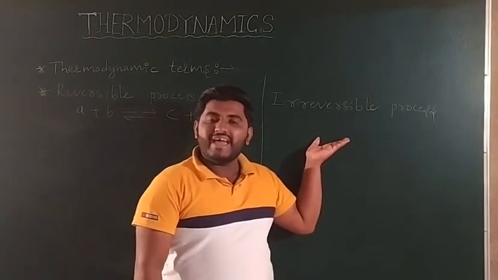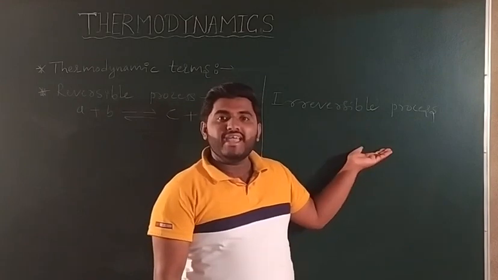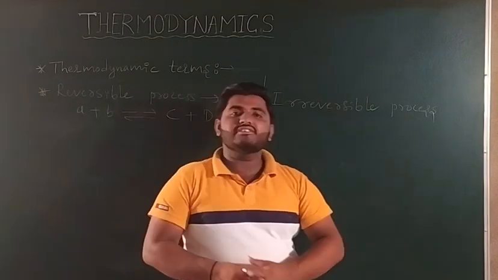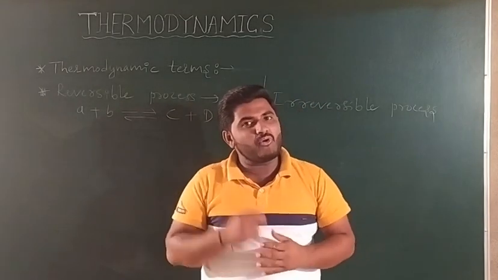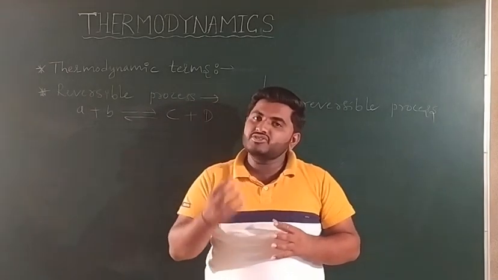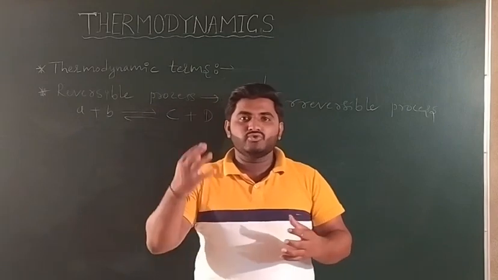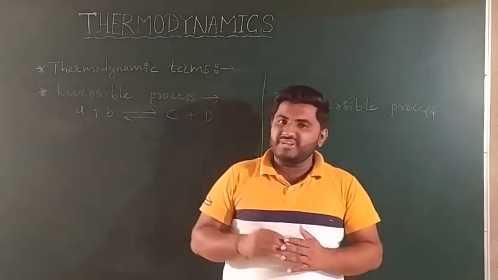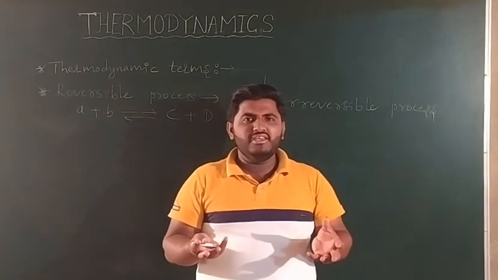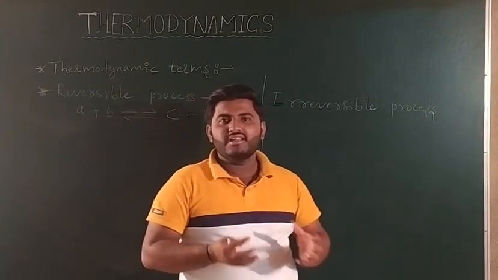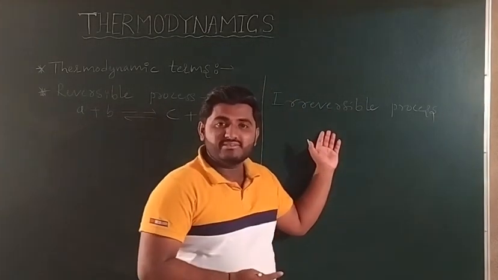Remember, all naturally occurring spontaneous processes are irreversible in nature. What are spontaneous processes? The processes which occur by themselves without any external force, like the development of a tree. Whatever the natural processes may be, all are irreversible.